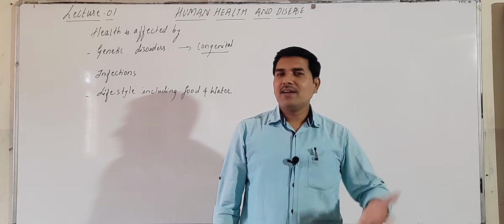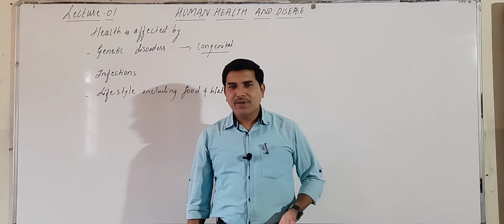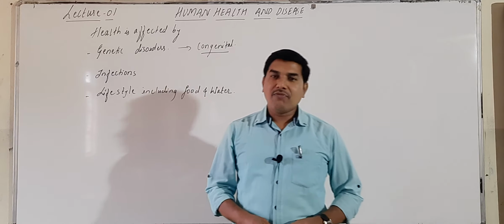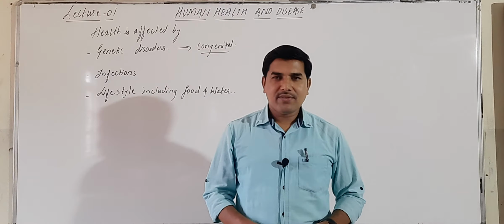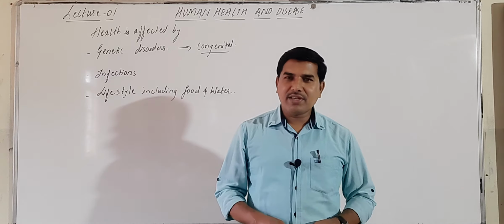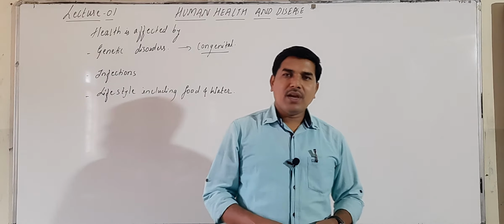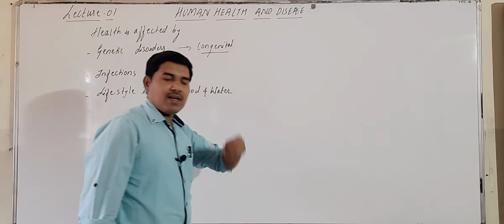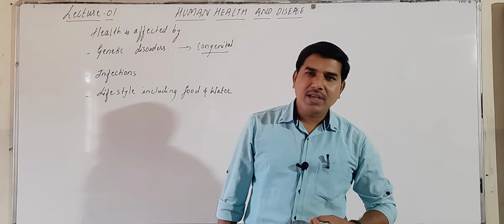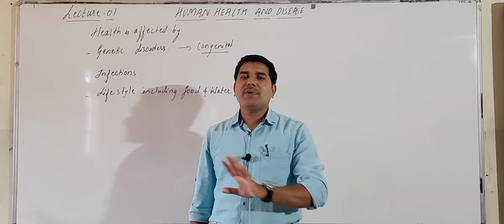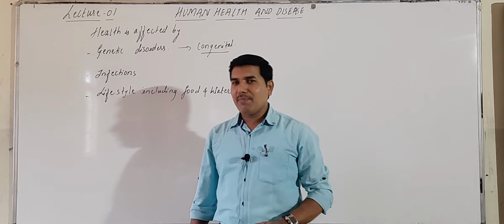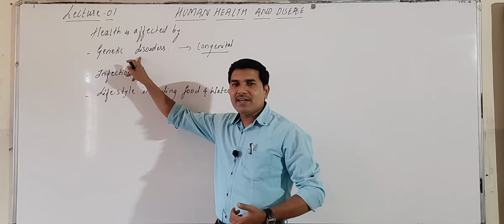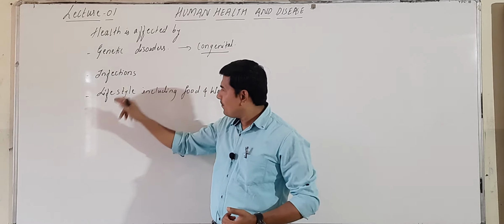They are the genetic disorders, which include sickle cell anemia also, phenylketonuria, and various other diseases. Now, if a congenital disease affects children, then almost they cannot be cured. So health can be affected through genetic disorders also, where mainly it is an inborn disorder.